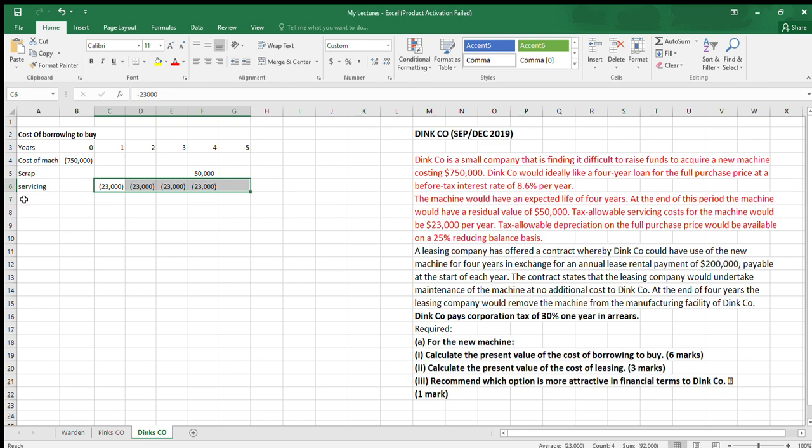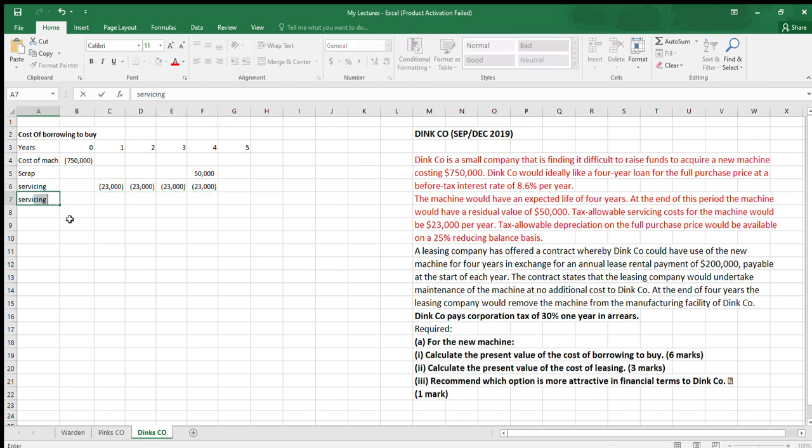So we have our servicing tax allowable depreciation, which is 30% of the servicing cost. But here the question says that it is paid 1 year in arrears, so it will start from year 2.